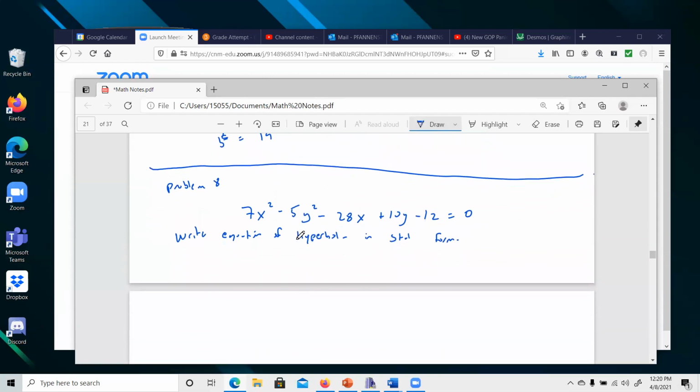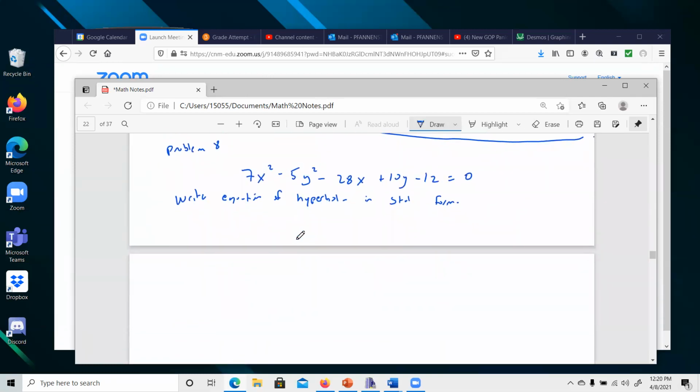Now for the equation of the hyperbola, the equation I gave you was plus or minus x minus h squared over a squared, and then I put minus plus in here, y minus k squared over b squared is equal to 1.